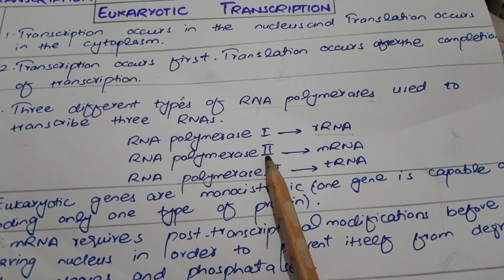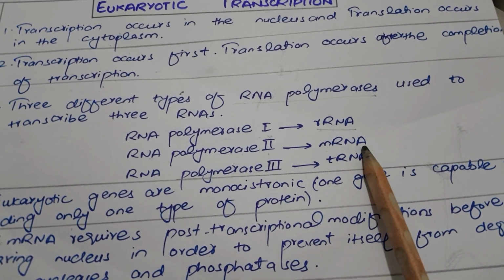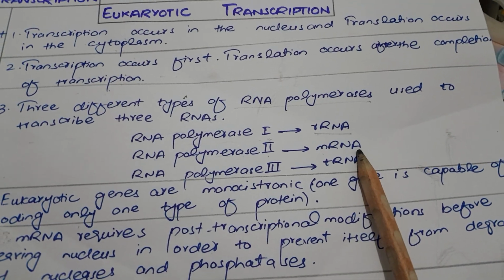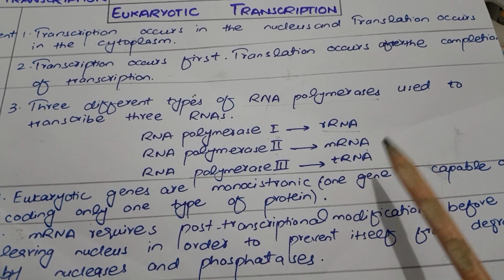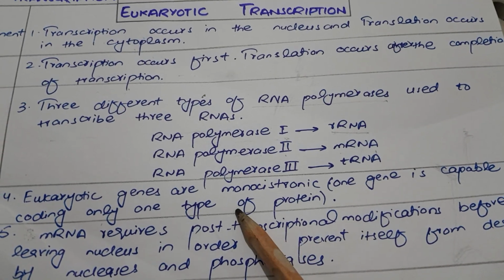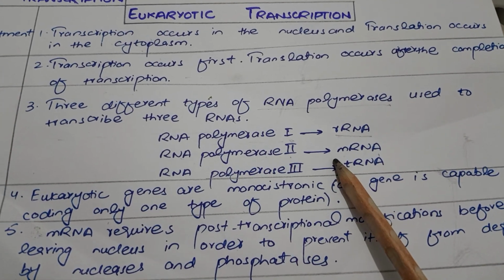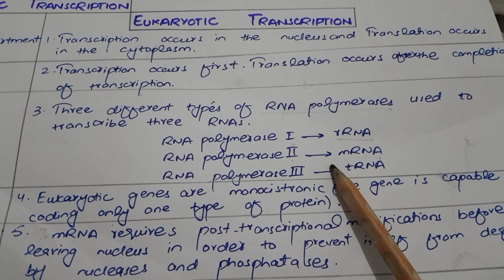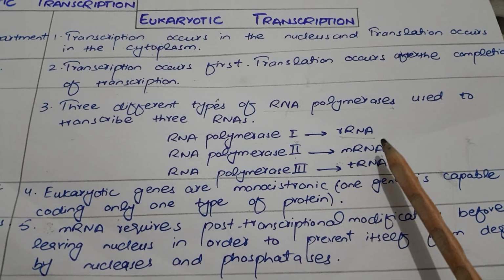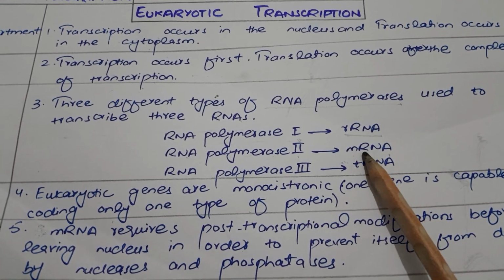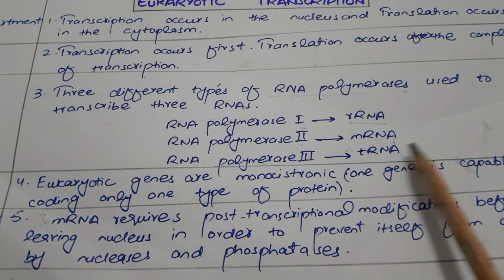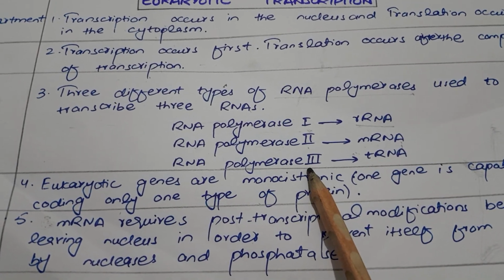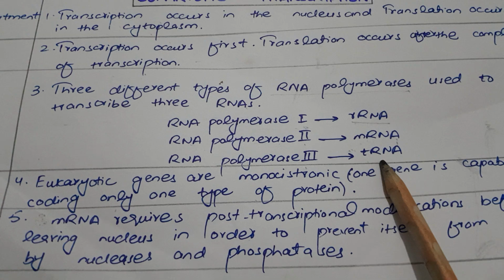RNA polymerase 2 is required to transcribe messenger RNA, which is used to transfer the information from nucleus to cytoplasm. They get attached to the ribosomes, and further they expose their codons, and transfer RNA finally comes and adds the amino acids to form the polypeptide chain. RNA polymerase 3 leads to the formation of transfer RNA.